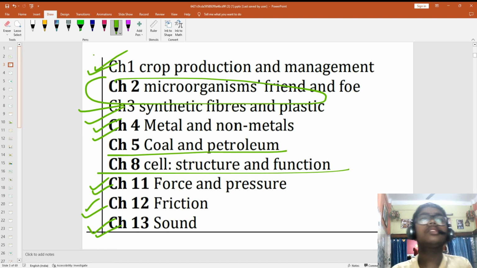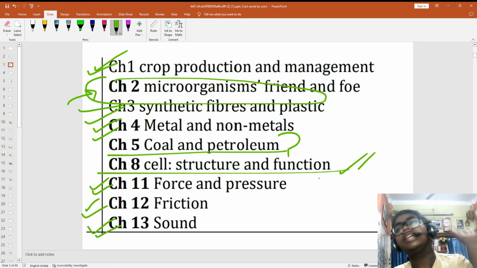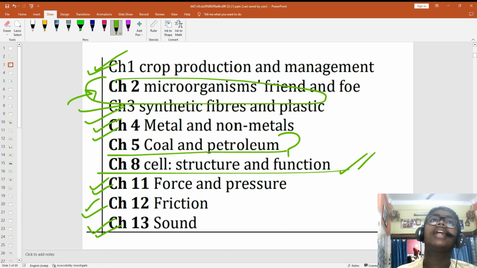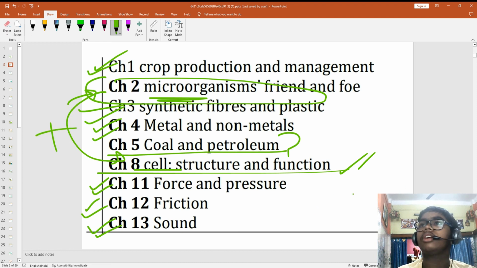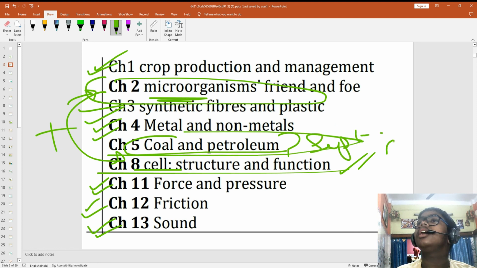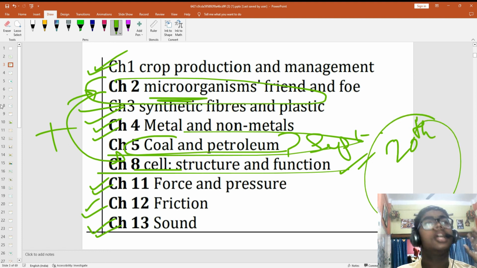Will microorganism be completed within this month, and coal and petroleum before your half yearly? What I will do is combine microorganism and cell in the next class, because cell is related to microorganism. Coal and petroleum later in September, I guess from the 20th. Yes, you have that correct.